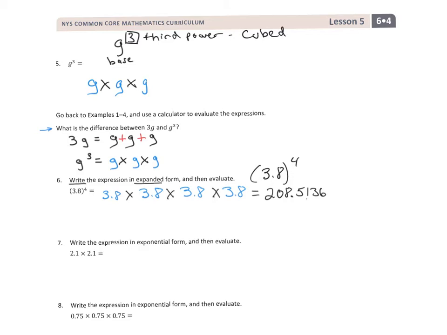Number 7 says, write an expression in exponential form and then evaluate. This one, we need to do it in exponential form, so that we need to write 2 1/10 raised to the second power. Now what that looks like is, just so that you know when you're evaluating it, 2 1/10 times 2 1/10.